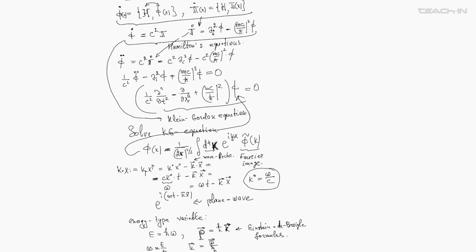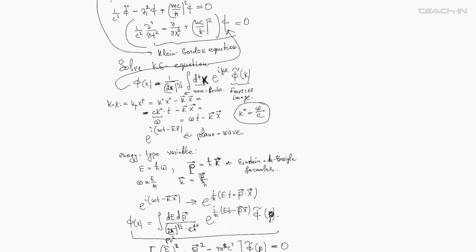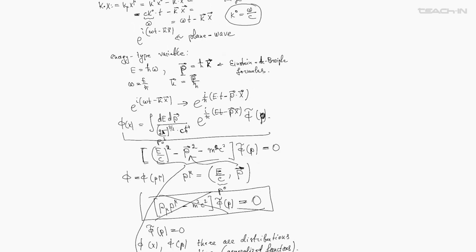I'm just explaining to you how these things work. I just want you to get some feeling about these dimensions. So when it comes to necessity, you should be able to restore these physical dimensions in the final formula. That's why I'm keeping them up to this moment.